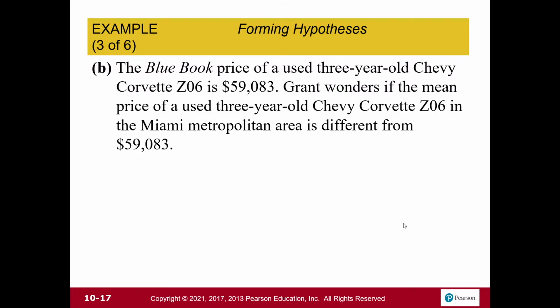The Blue Book price of a used 3-year-old Chevy Corvette Z06 is $59,000. Grant wonders if the mean price of a used 3-year-old Chevy Corvette Z06 in the Miami metropolitan area is different from 59,083.